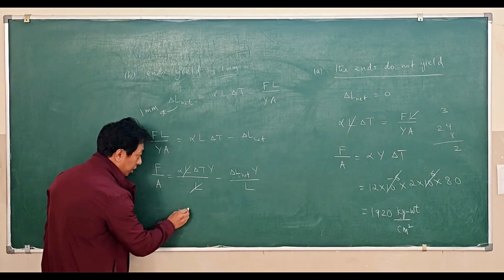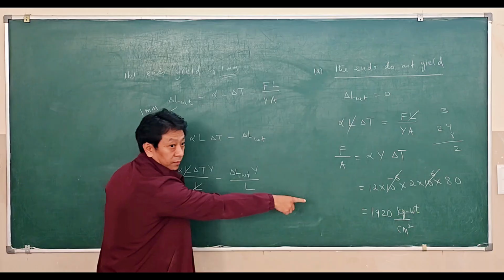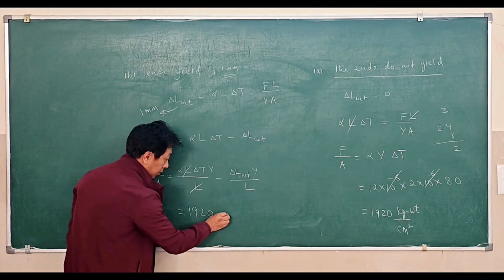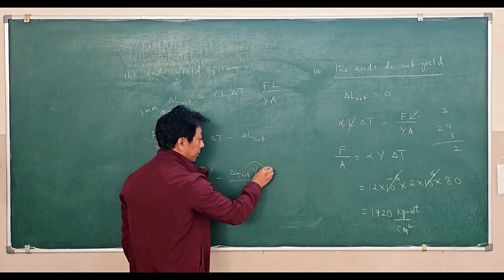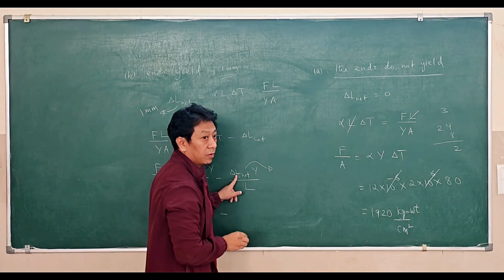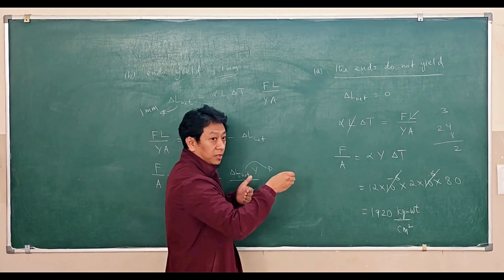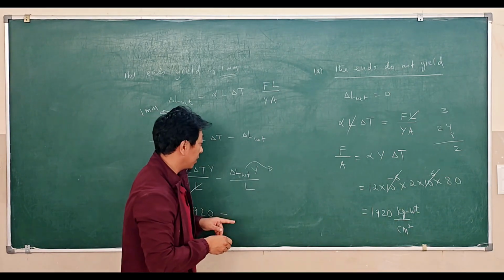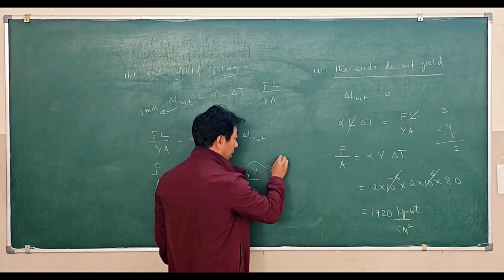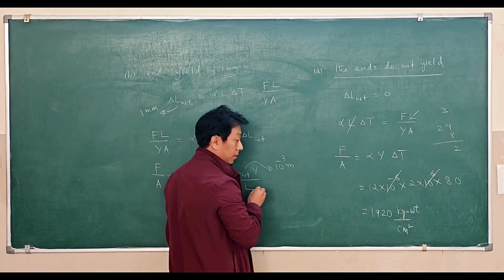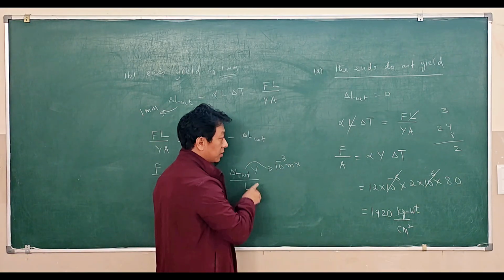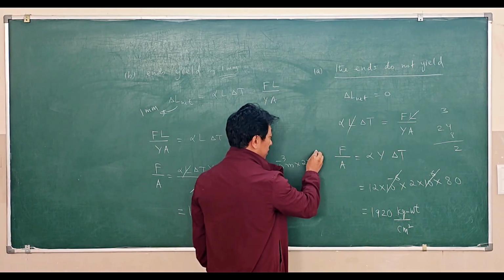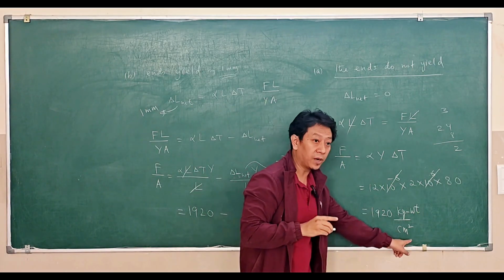Now this part is already calculated: 1920. This part I need to calculate. How much is delta L? How much expansion is allowed? Total 1 millimeter. 1 millimeter will be 10 power minus 3 meter, into Young's modulus, which is given as 2 into 10 power 6. What unit did they use? Kg per centimeter square.